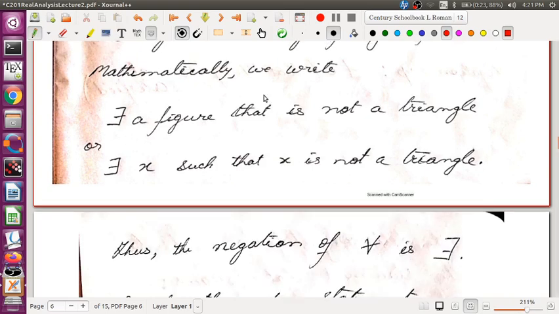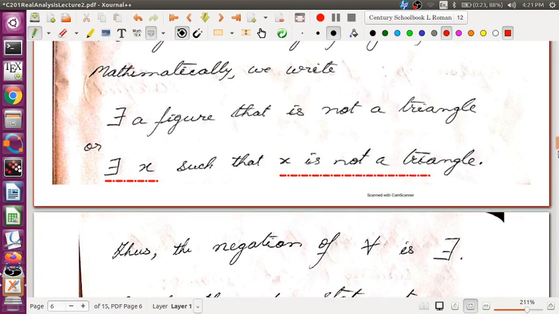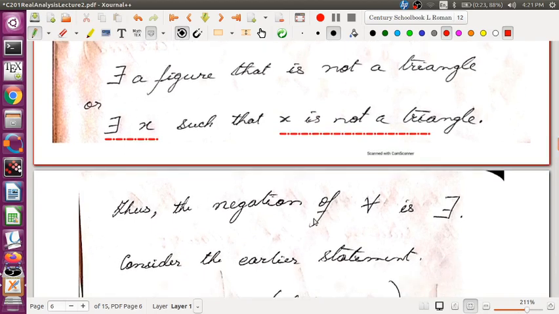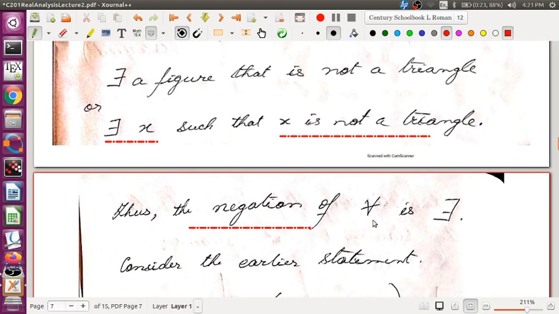Mathematically we write this as there exists a figure that is not a triangle, or there exists x such that x is not a triangle. This is how we justify the negation. Thus the negation of for every is there exists, and the other way also, the negation of there exists will be for every.